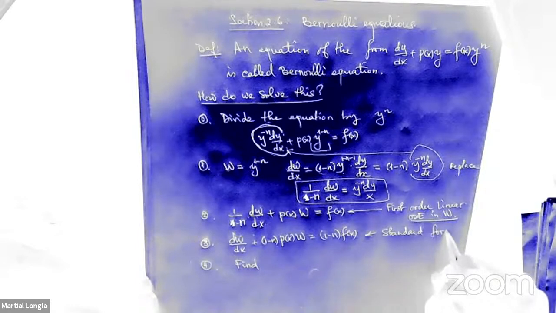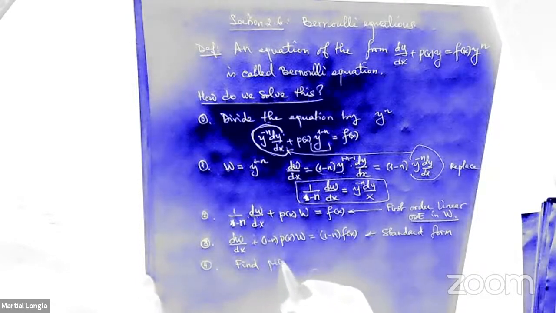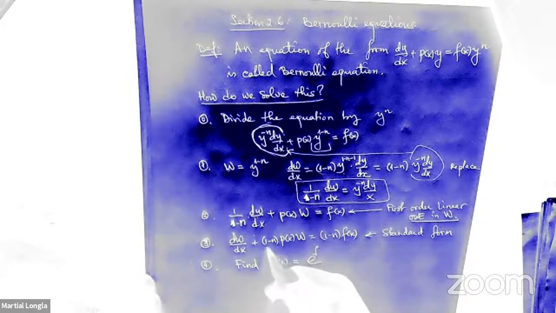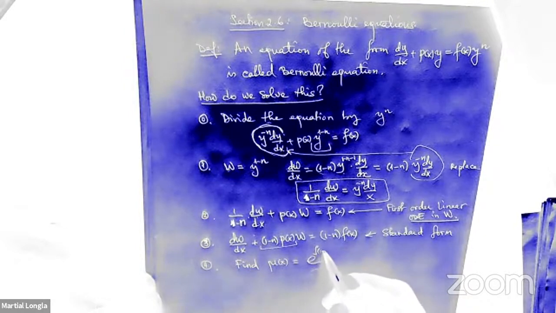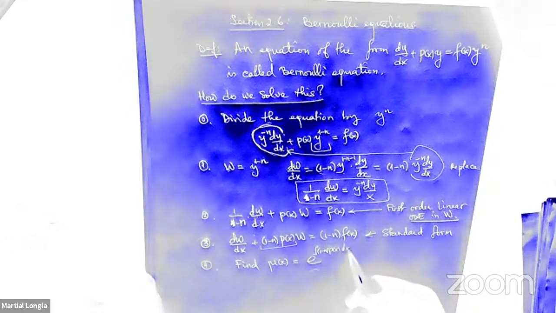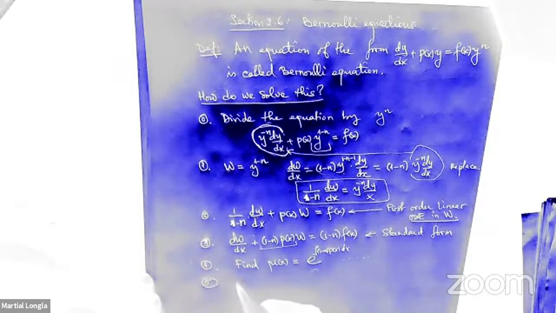You find the standard form, and next you find mu of x, which you call the integrating factor, e to the integral of, in this case, this is the function that you use: 1 minus n times p of x dx. You find that. Then multiply.